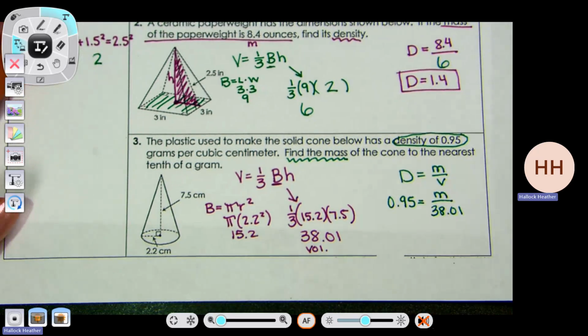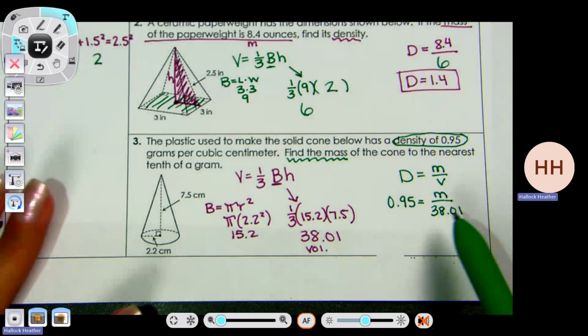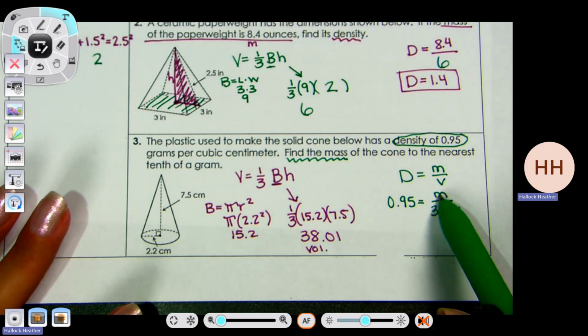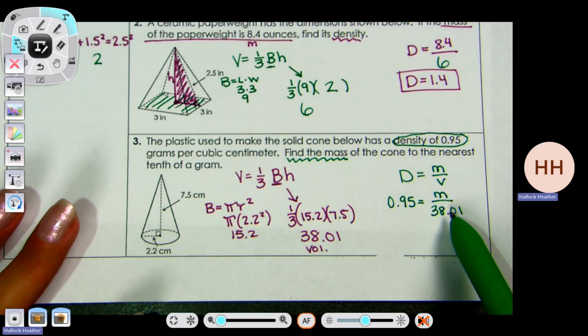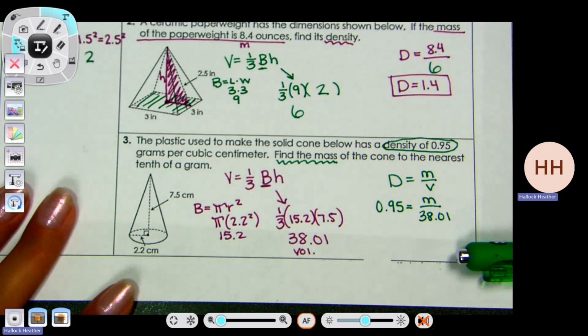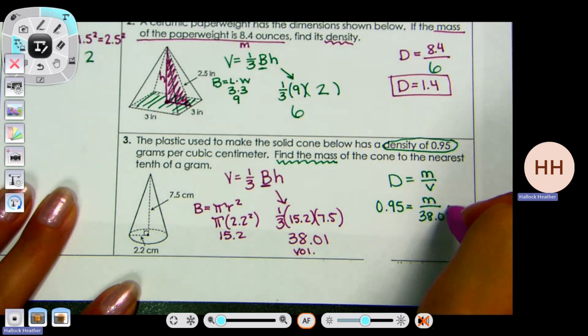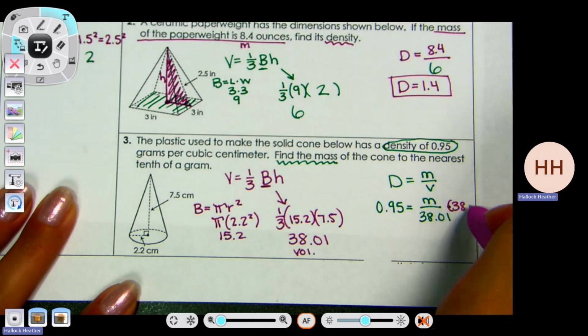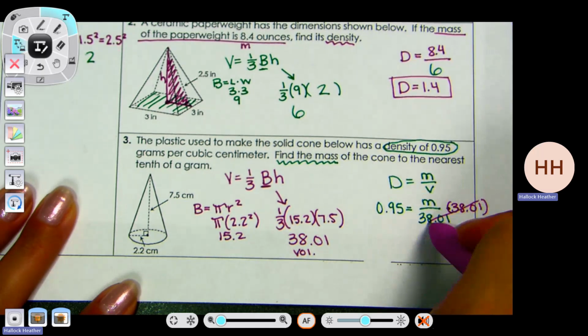Now, usually you're just dividing the numbers, but in 6th grade, you should have learned about single step equations. A fraction is fancy division. The opposite of division is multiplication. So to get rid of the denominator, I am multiplying by that on both sides. So I'm going to multiply by 38.01. They cross out over here.